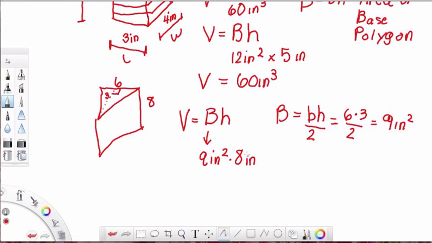So if you take a triangle that has a base of 9 inches squared and you stack it on top. I don't know if I can draw 8 of them. Let's see here. I'm just going to start chopping it in half. I think I'm going to get in trouble, but let's give it a try.